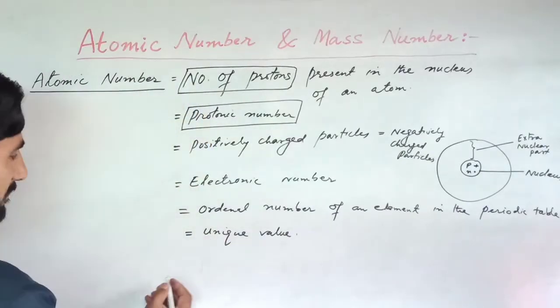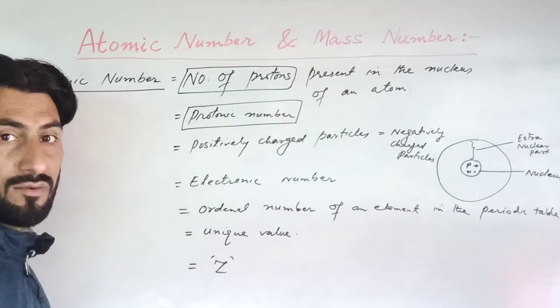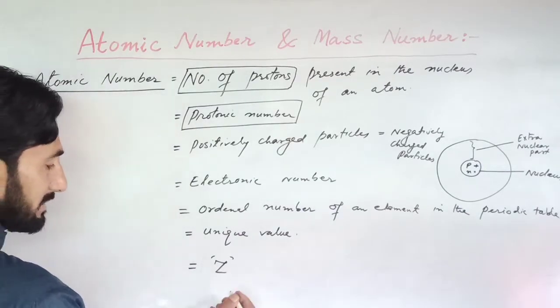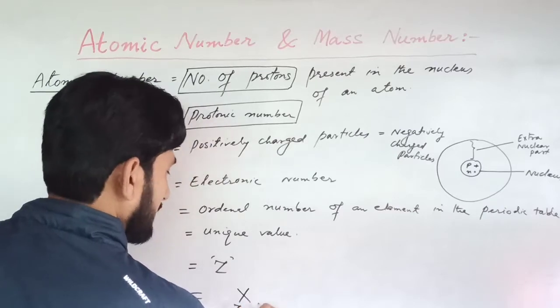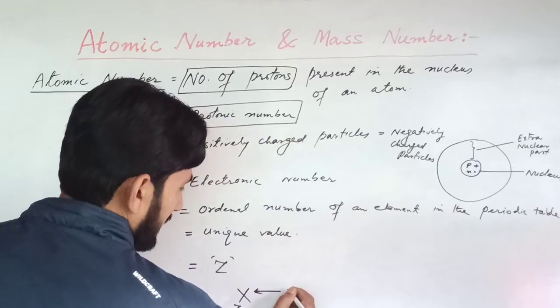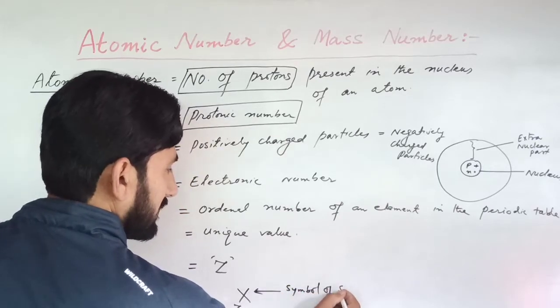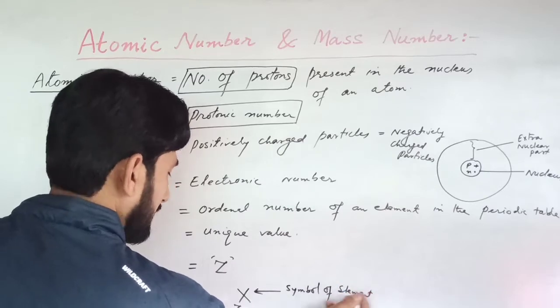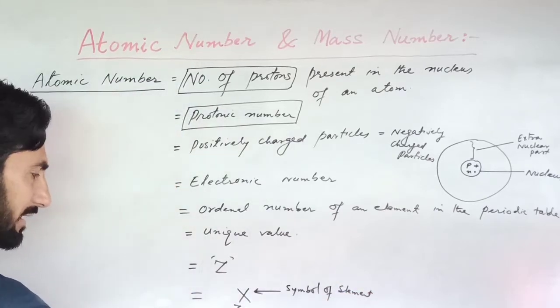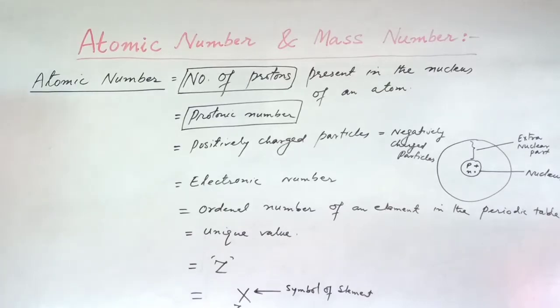It is represented by the letter Z at the bottom of the symbol of an element, as ZX. Here X is the chemical symbol of the element, and Z is the atomic number.